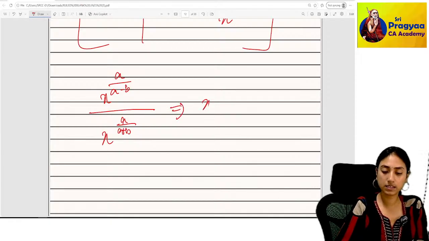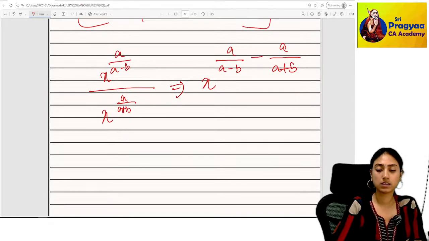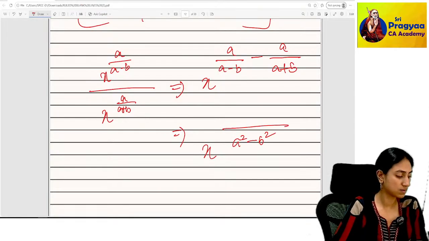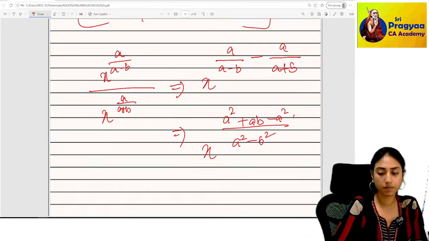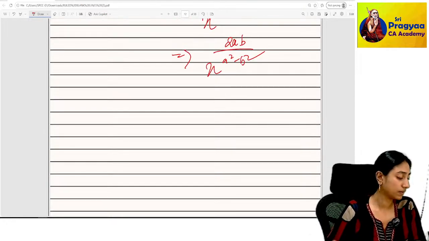This can be rewritten as x to the power, okay va, LCM, a square plus, okay va first term.